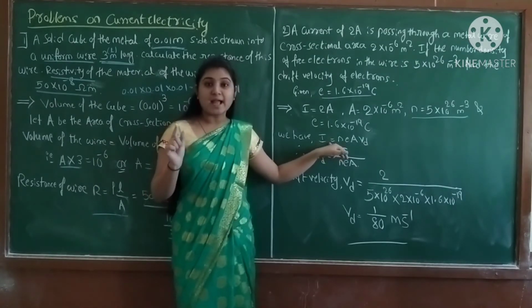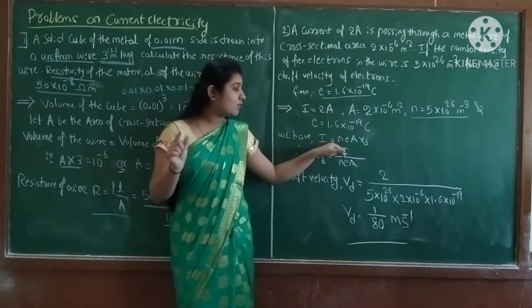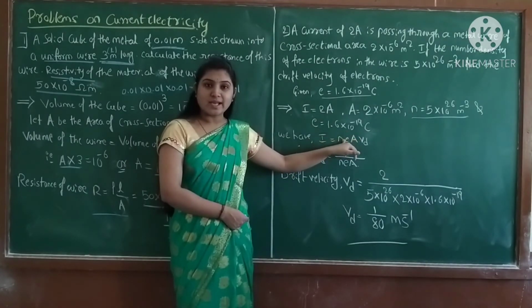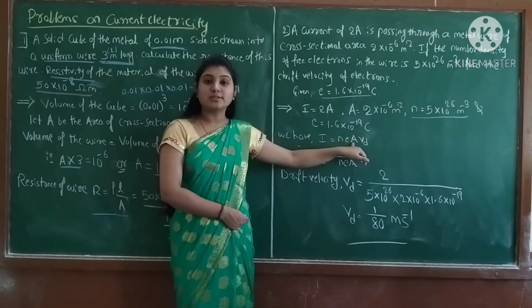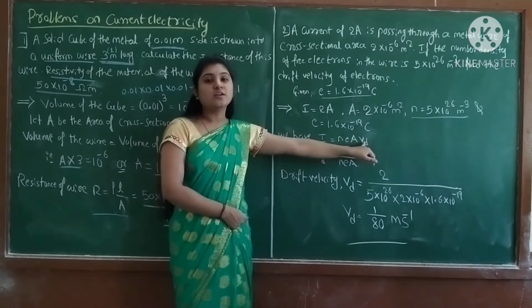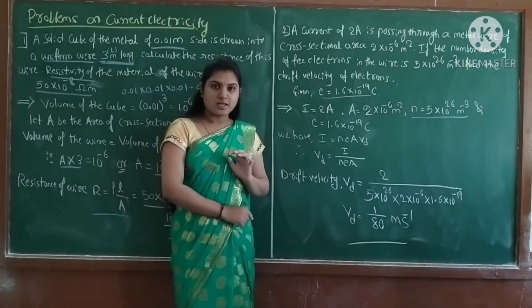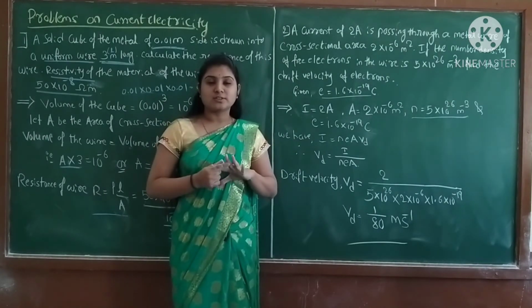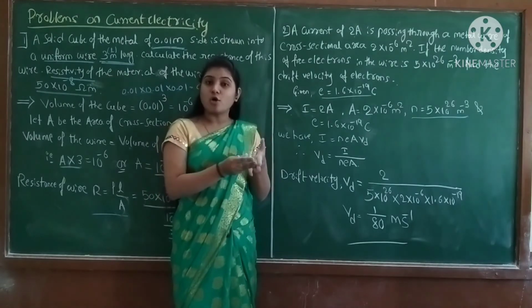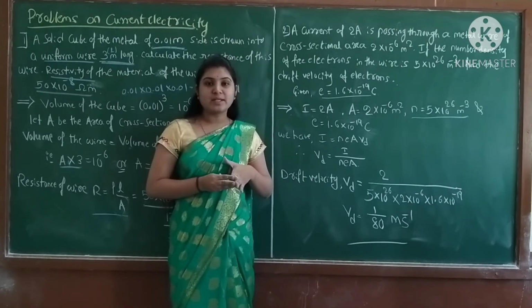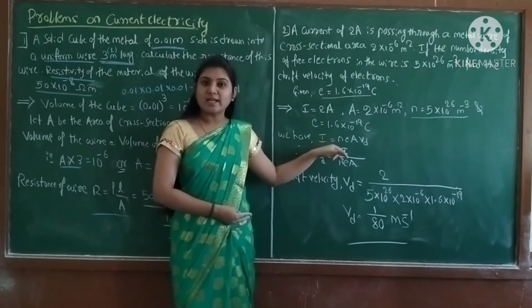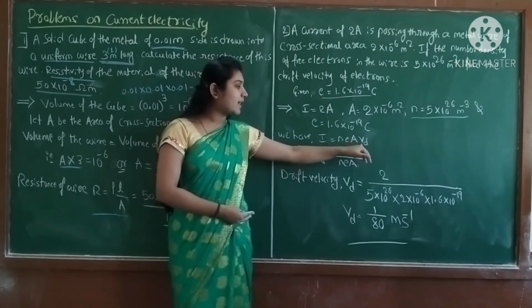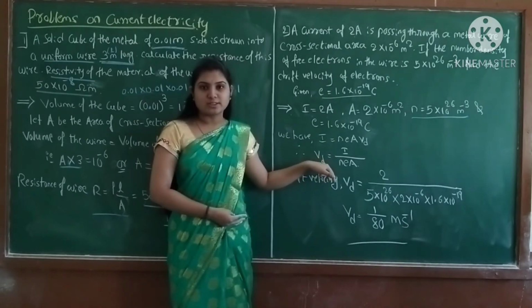This one we derived, no. So current is equal to n, the number of electrons, charge of the electron, area of the cross section of that wire, with the drift velocity. This drift velocity is present in this formula. So I can use this one easily to calculate the drift velocity. So write in terms of the drift velocity now.